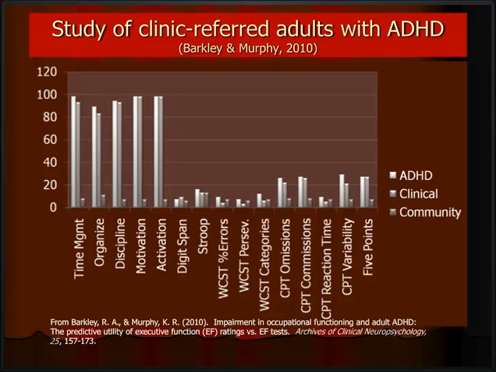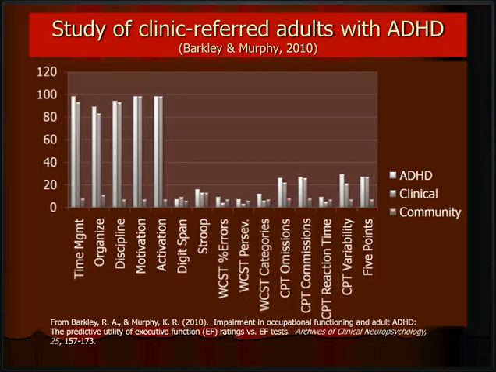Then we have a control group of adults seen at the same clinic who were not diagnosed with ADHD, but who either had other clinical disorders such as anxiety or depression, or who did have some ADHD symptoms, but they did not rise to the level of full diagnosis of ADHD using DSM-IV criteria. Many of them, in fact, probably had ADHD-NOS or a subthreshold case of ADHD. Nevertheless, they didn't qualify for the full disorder. And then finally, this study used a community control group.